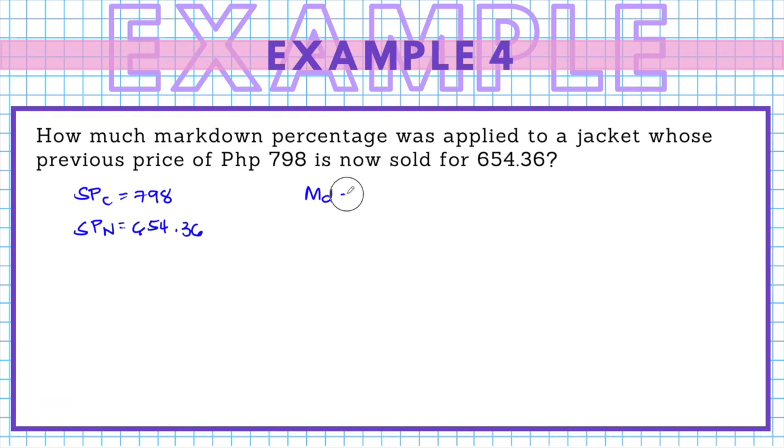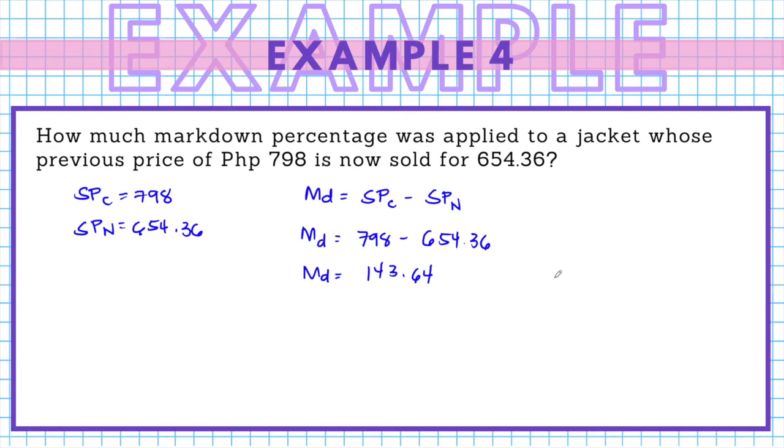So, the markdown is equal to the current selling price minus the new selling price. Now, markdown is equal to 798 minus 654.36. Simplifying this, we have 143.64. Now that we know our markdown, let us use it to determine our markdown percentage.